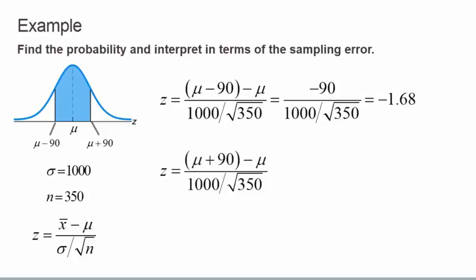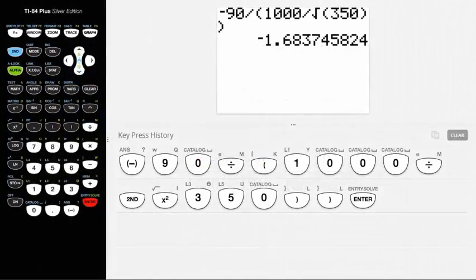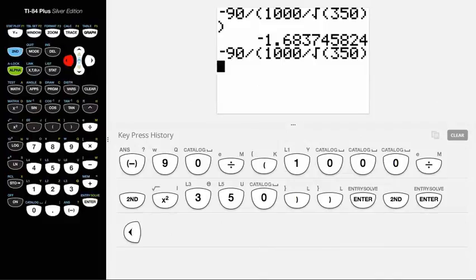So substituting, I have z equals the mean plus 90 minus the mean over 1,000 divided by the square root of 350. My population means cancel, which gives me 90 divided by 1,000 divided by the square root of 350. Calculating. Second, enter, retypes my equation. I'm going to arrow over, and I'm going to delete the negative for the 90.